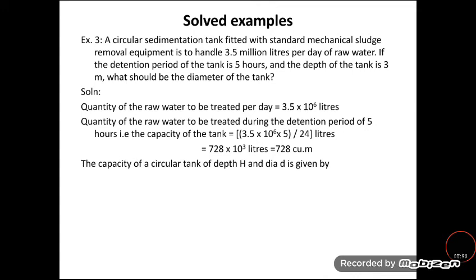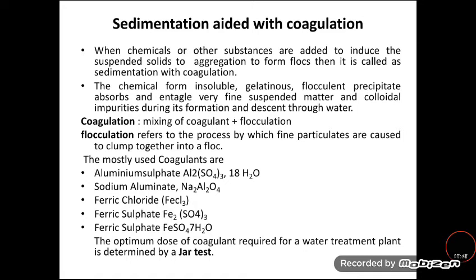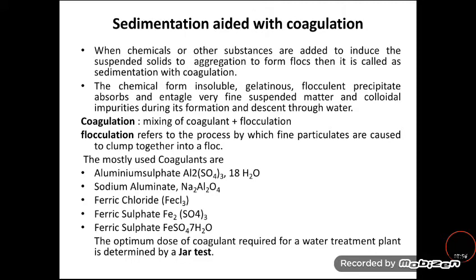The capacity of the circular tank of depth h and diameter d is given by the volume pi d square by 4. Here we take h is equal to 3. Then the d value will be arrived as 17.3 meter.